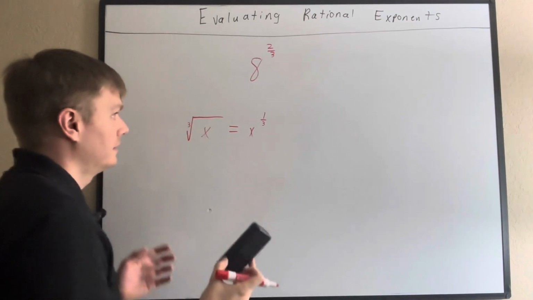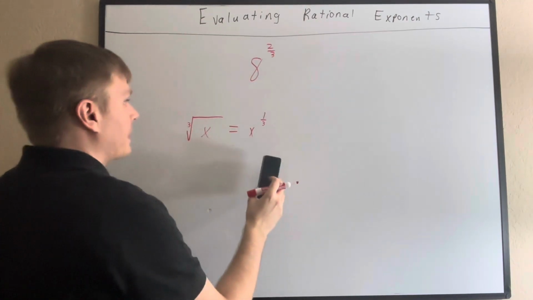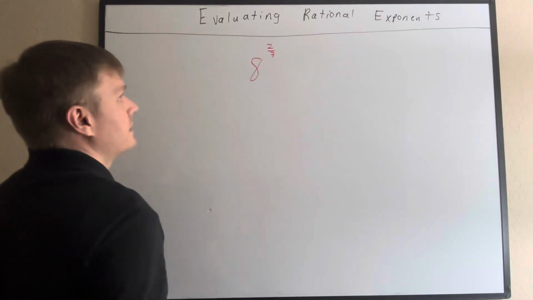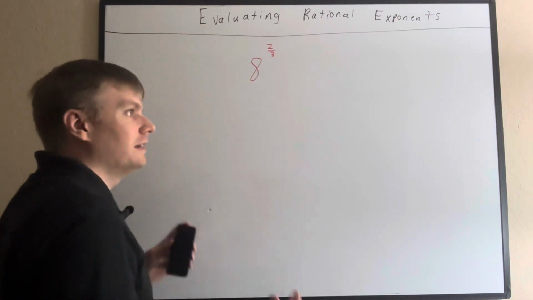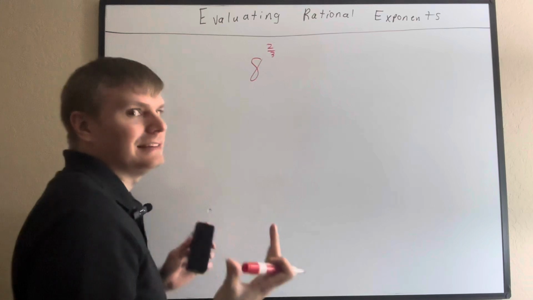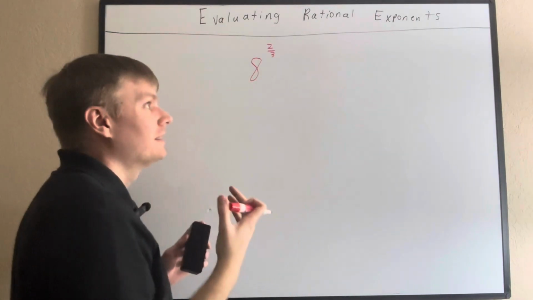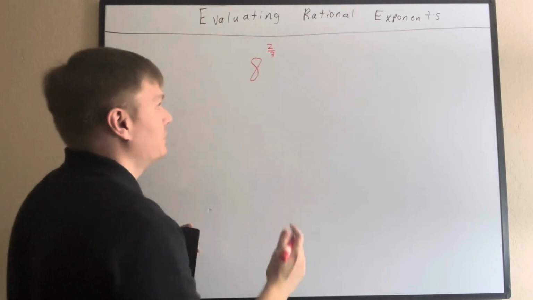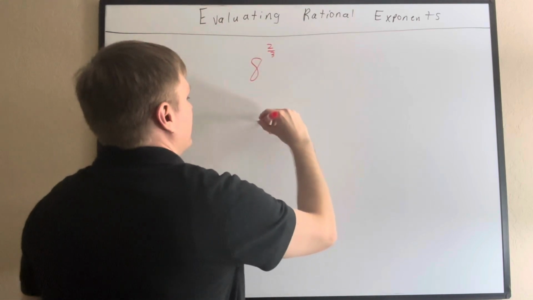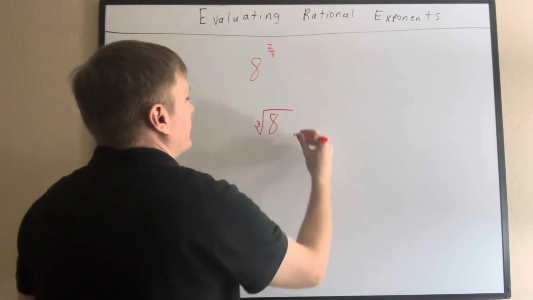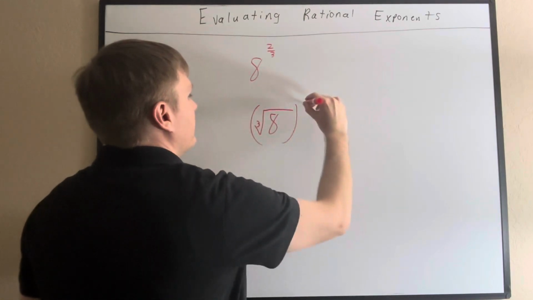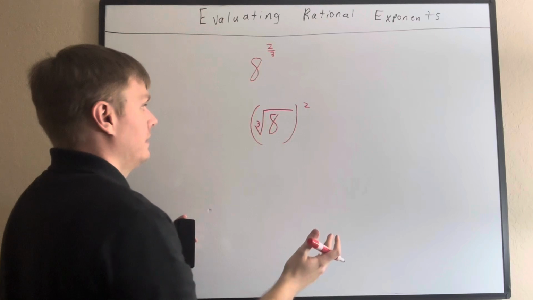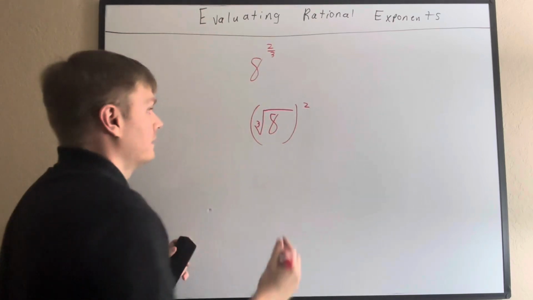Make sense? All right. So when we evaluate these, we like to split them up into whichever one is easier. And order actually doesn't matter. You could do the squared first, or you could do the cube root first. In this case, let's do the cube root first, and then square it. And yes, you can write it like this, if that helps you. And it certainly helps me.